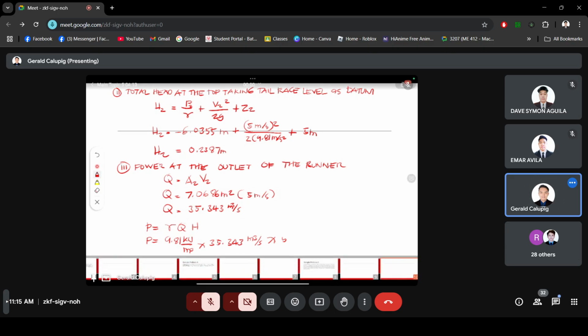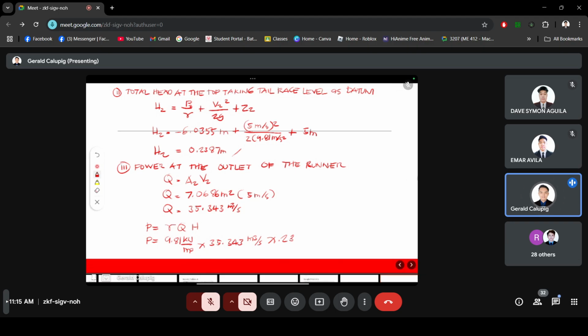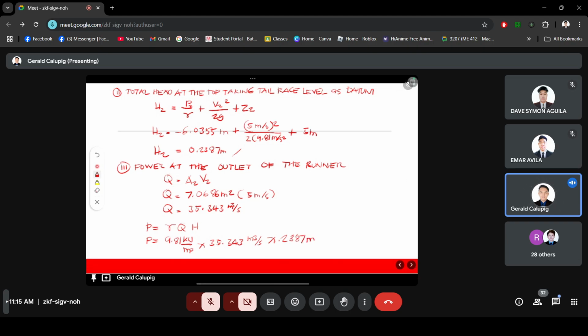Nakuha sa this one. Sa H2, ang nakuha natin is 0.2387 meters.